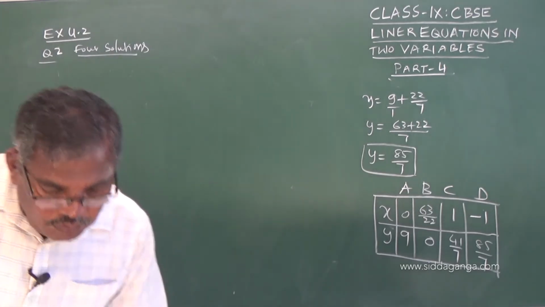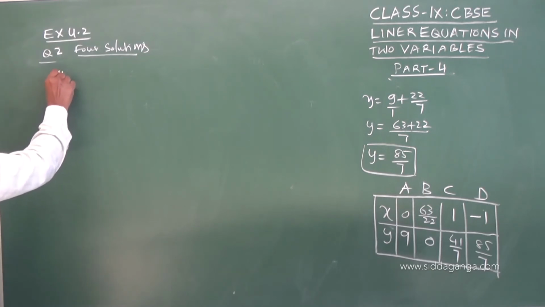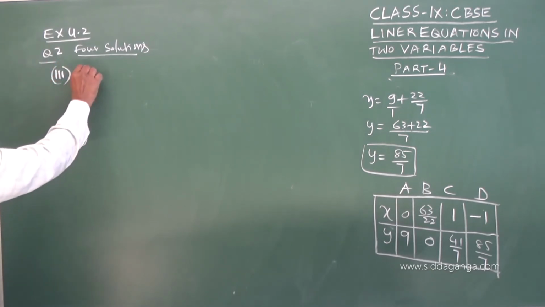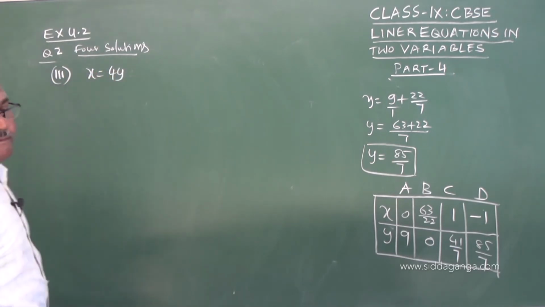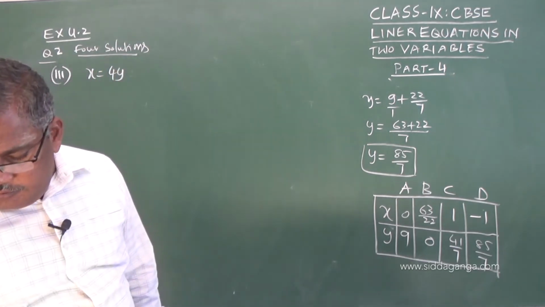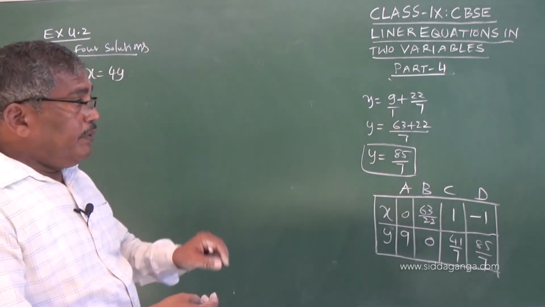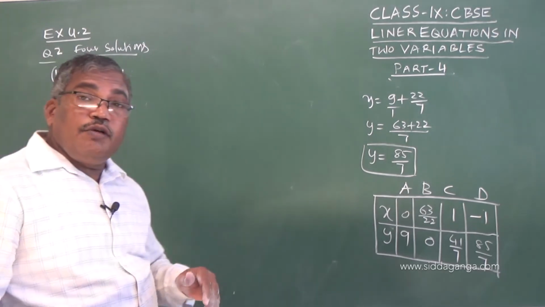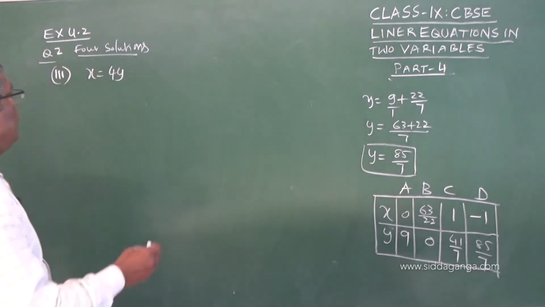x equals 4y is the next equation. Third sub question, x equals 4y. So nothing to think more, put different values of x and you get different values of y.